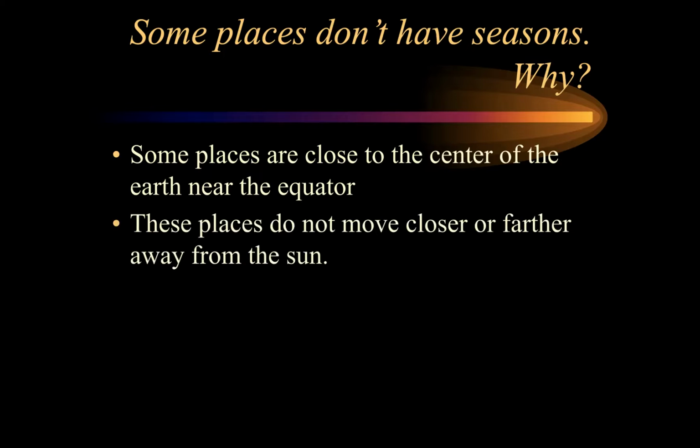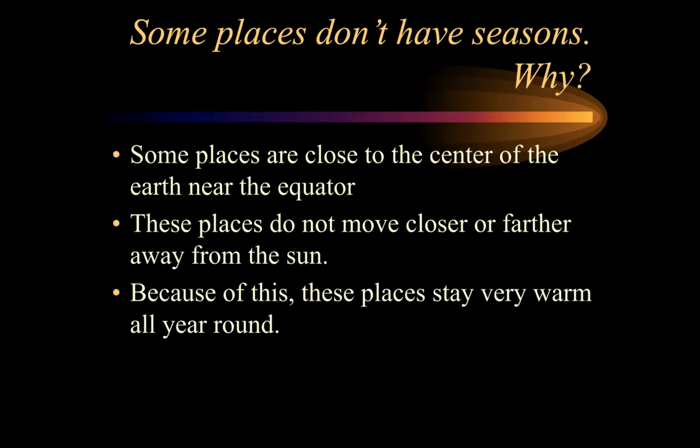These places do not move closer or further away from the sun. Because of this, these places stay very warm all year round. That means there's no change in weather patterns, and therefore they don't really have seasons.